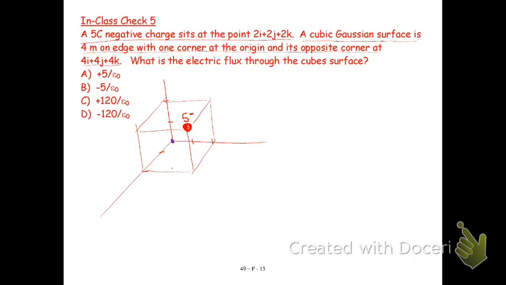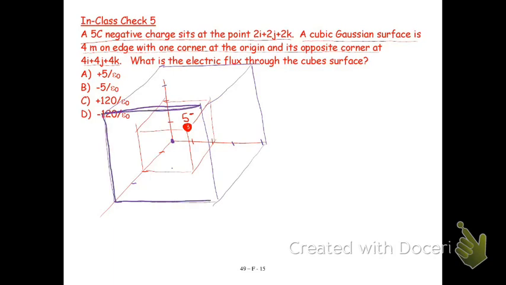And then we have 4, that's one edge, and 4, that's another edge, and 4, that's another edge, because it ends at plus 4, plus 4, plus 4. And plus 4, plus 4, plus 4 is there.